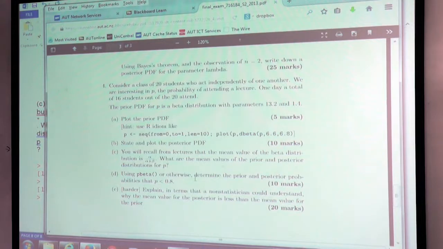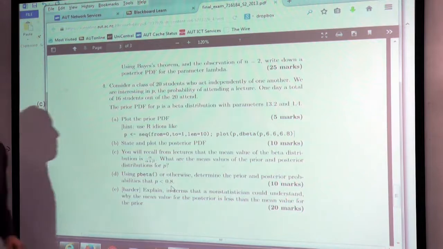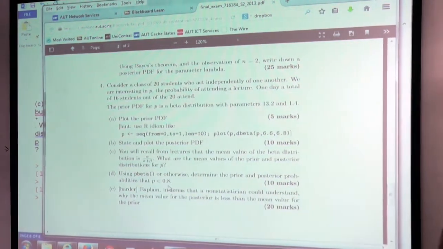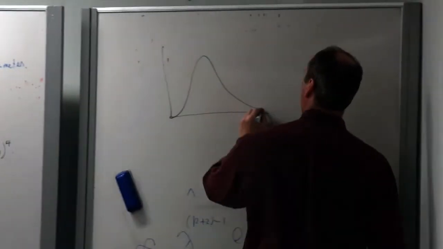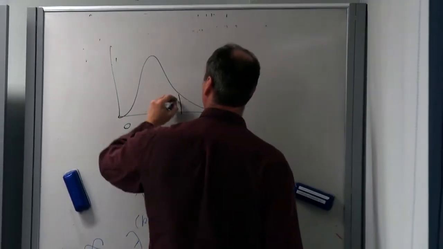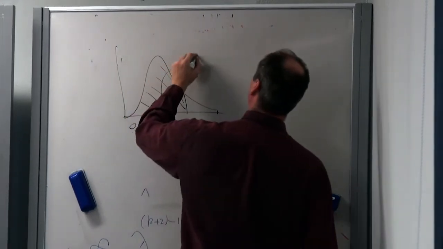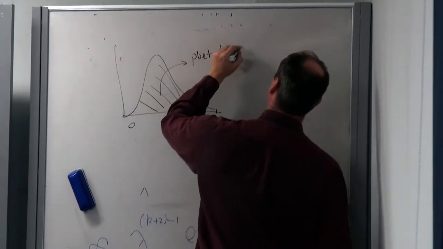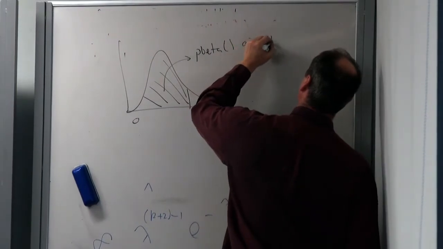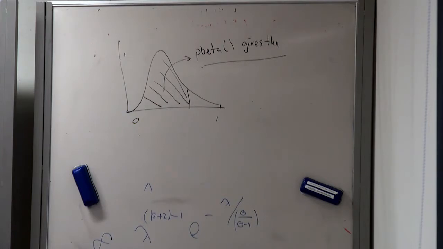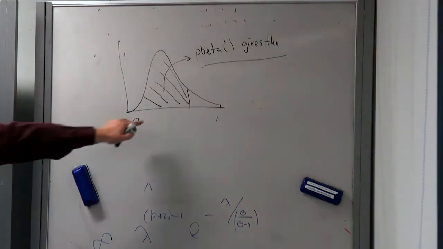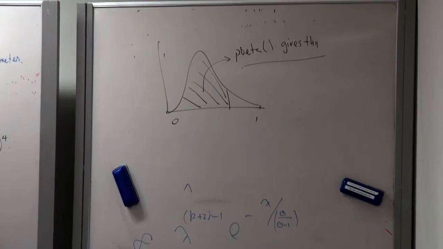Using pbeta or otherwise, determine the prior and posterior probabilities that p is less than 0.8. pbeta gives me this. Here's my beta distribution. So what I'm trying to work out is, according to my prior and posterior, what's the probability that attendance will be less than 80%? p is less than 0.8.